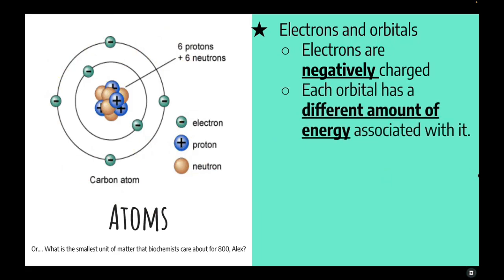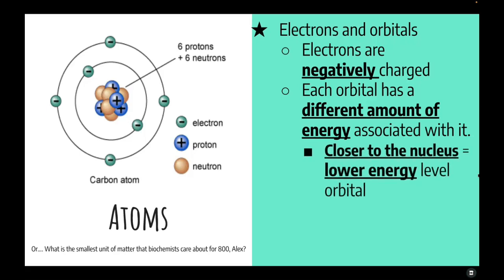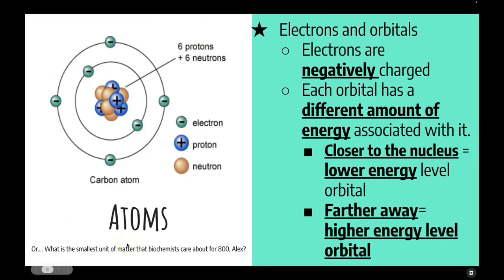And so a key concept here is that each orbital has a different amount of energy associated with it. So the closer to the nucleus, the lower the energy, and the farther you go out, the higher the energy.